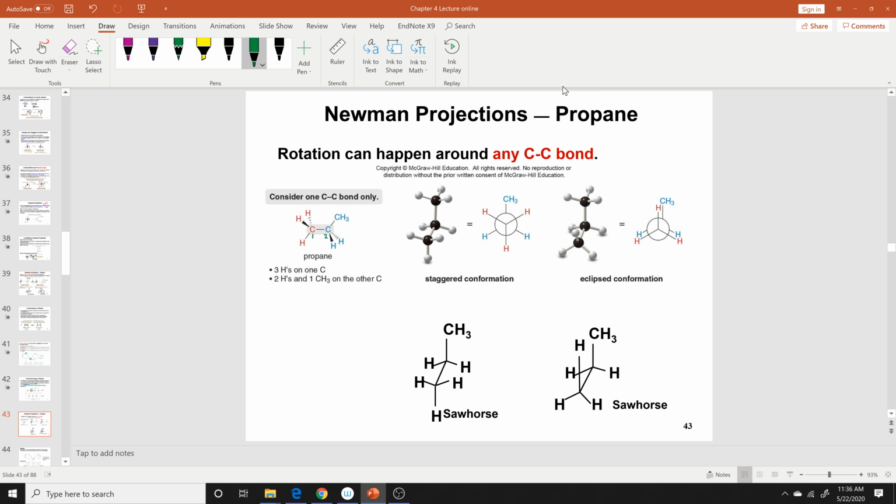Now, there's a rule whenever you want to draw a Newman projection. Normally, the long carbon chain has to be along the vertical line. That makes it easy to spot when you have a Newman projection and I ask you to change that into a structural formula.